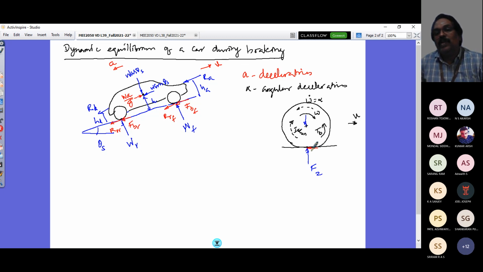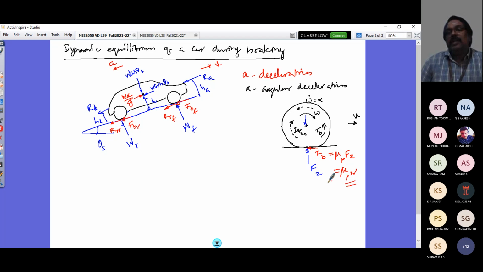So this is the braking force direction, FB. And this FB is limited by mu p times W, or FZ. That is the limiting, maximum value of FB.